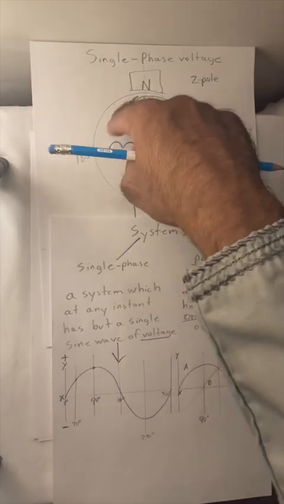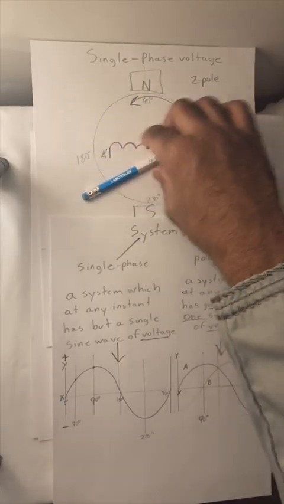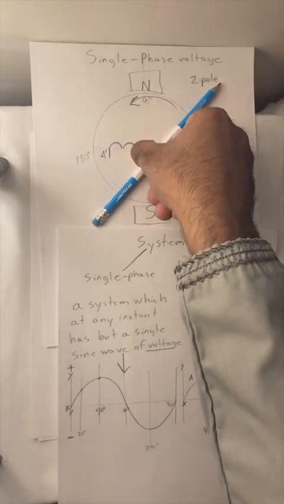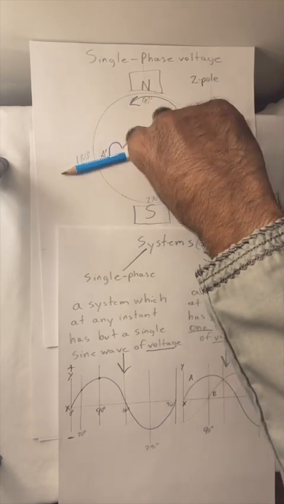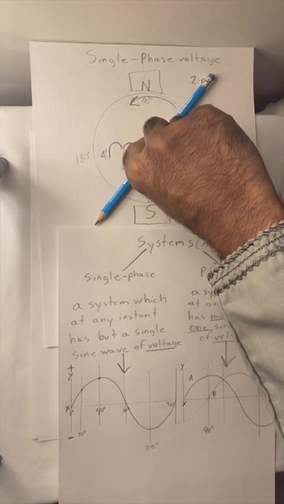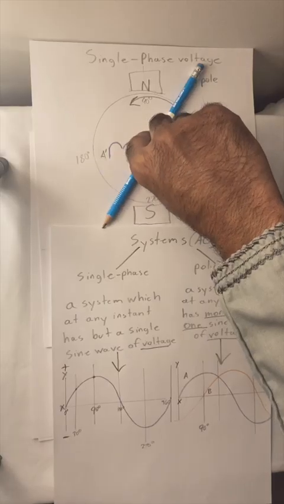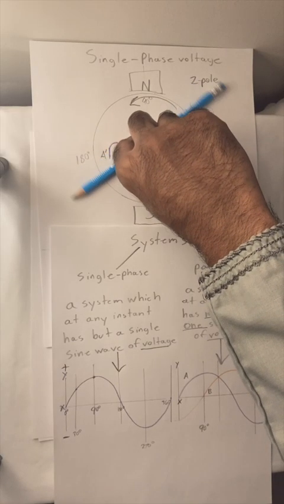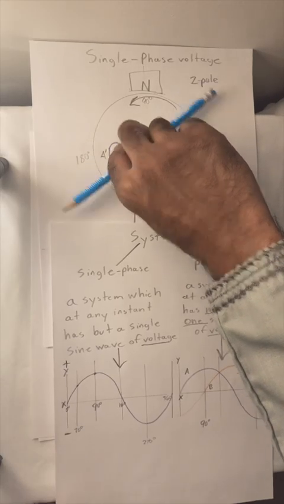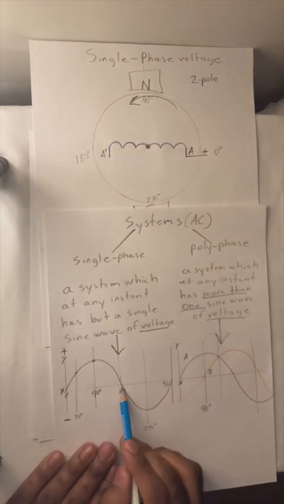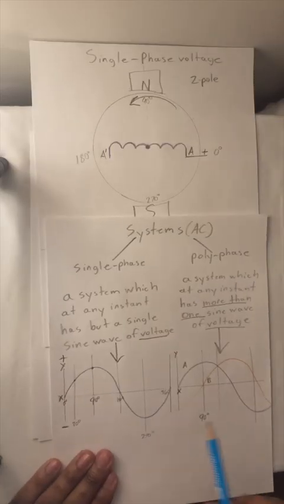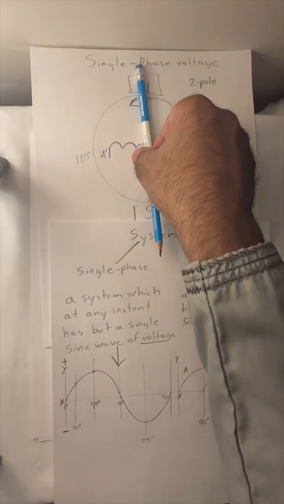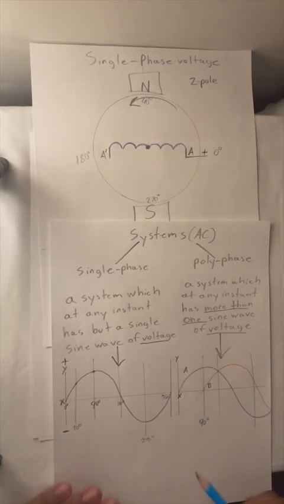As A continues on and approaches the south pole, it is now going to go from 0 to negative. It's going to have a negative sign, as we can see here. And then it will reach a negative maximum value at 270 degrees.